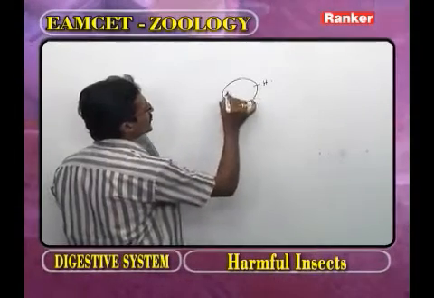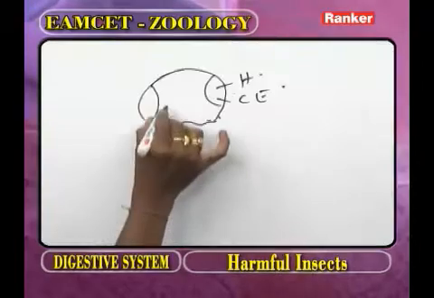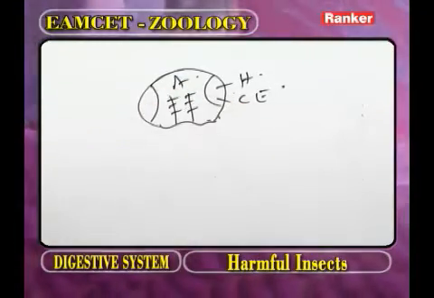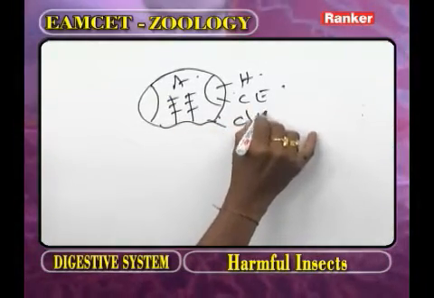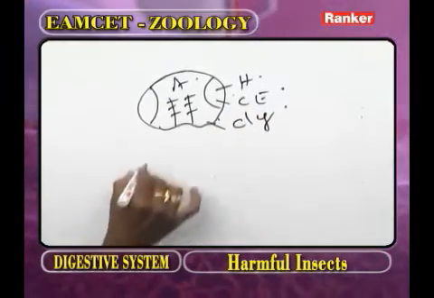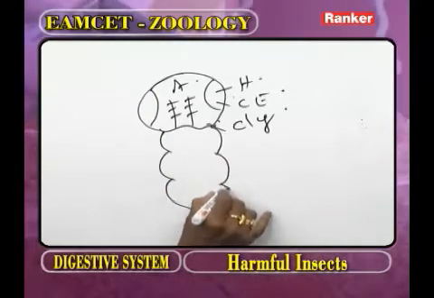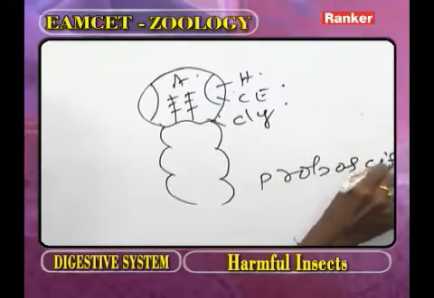These are the compound eyes, and these are the antennae. In the head region, what is the last sclerite? Clypeus. Attached to the clypeus, what is present? The proboscis. This entire part is called proboscis.